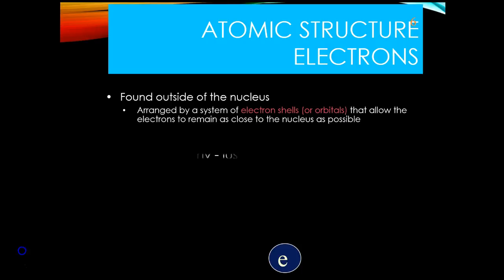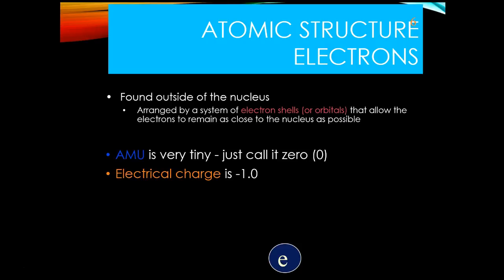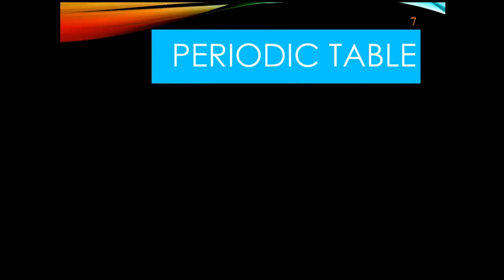Now let's look at the mass. The mass is very tiny, so we're just going to call it 0. And it's opposite of the proton, so it has an electrical charge of a negative 1. Because remember, a minute ago we said protons had an electrical charge of a positive 1. So electrons have an electrical charge of a negative 1.